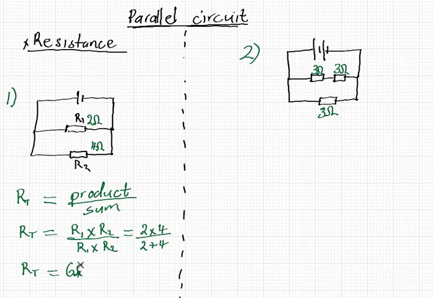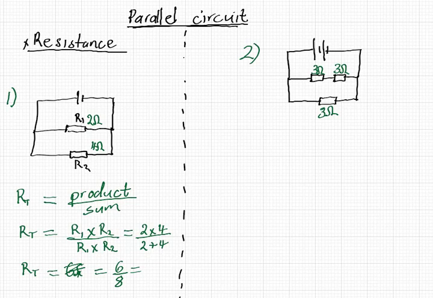Also, if I'm to write ohms, then I'll have to write ohms squared, and then it will cancel the square because of this one. But let me just do it this simple way. That is equal to 8 divided by 6. And what is the value?